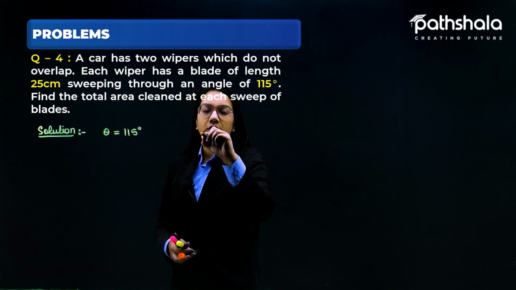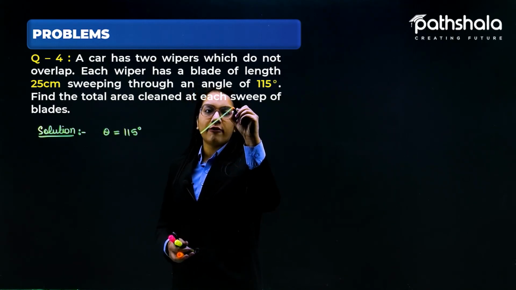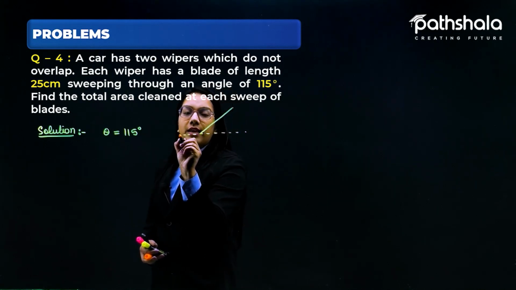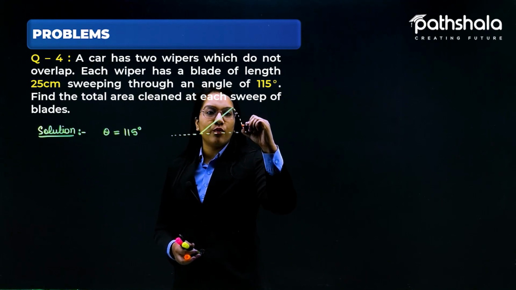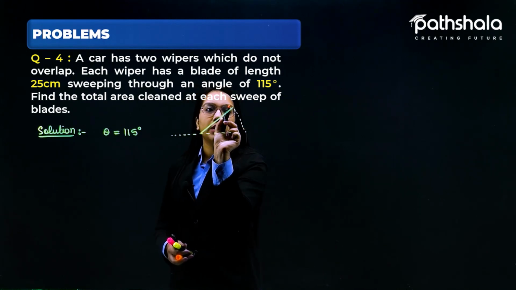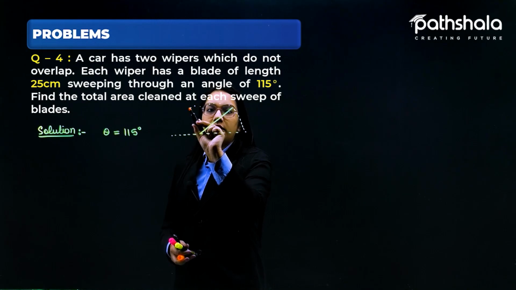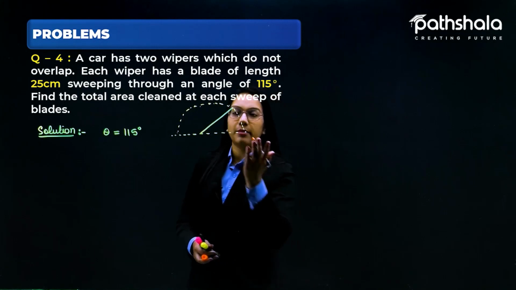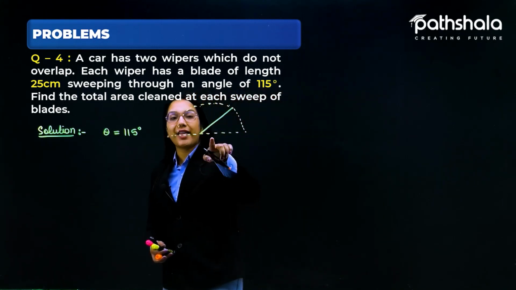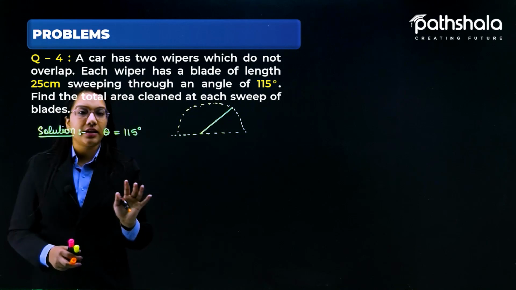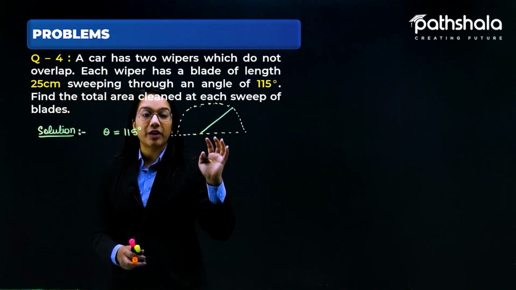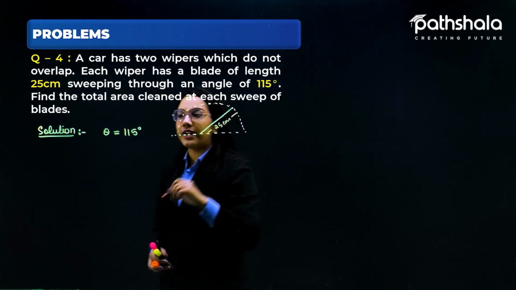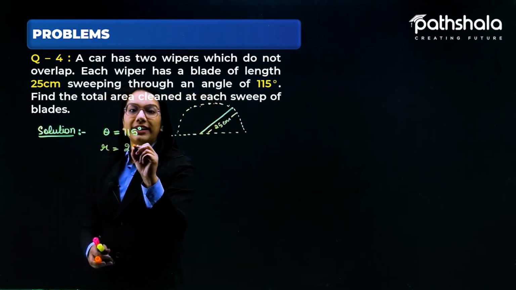If I make a figure of this blade on a car, the blade will move in a circular form, and the angle made at the center is 115 degrees. The length of the wiper is 25 centimeters, so the radius is 25 centimeters.